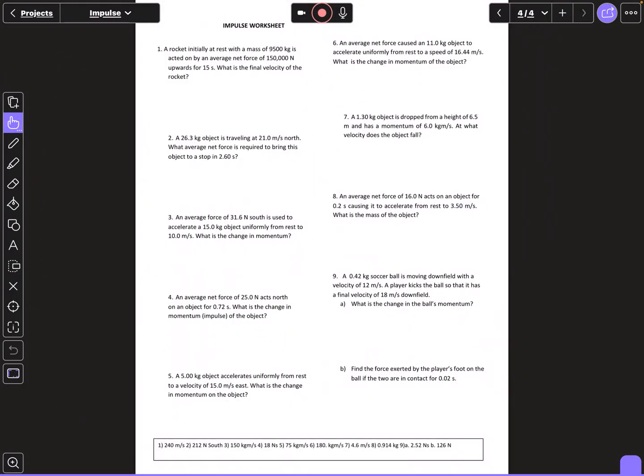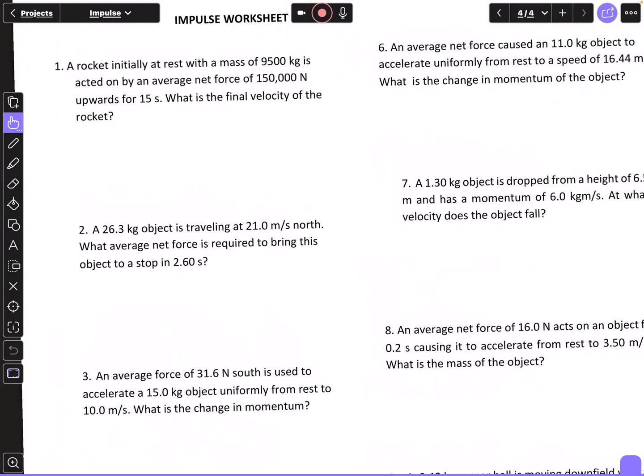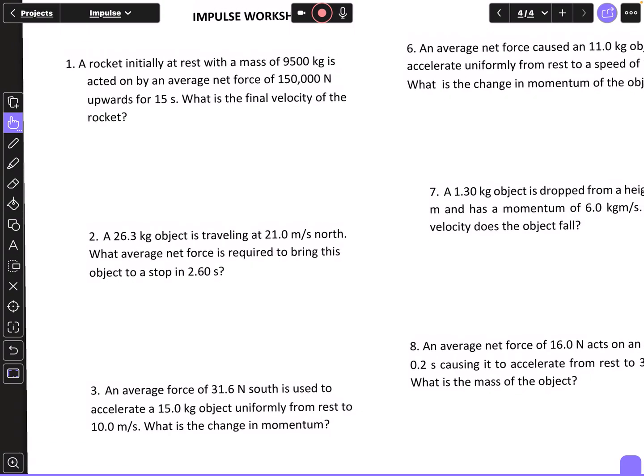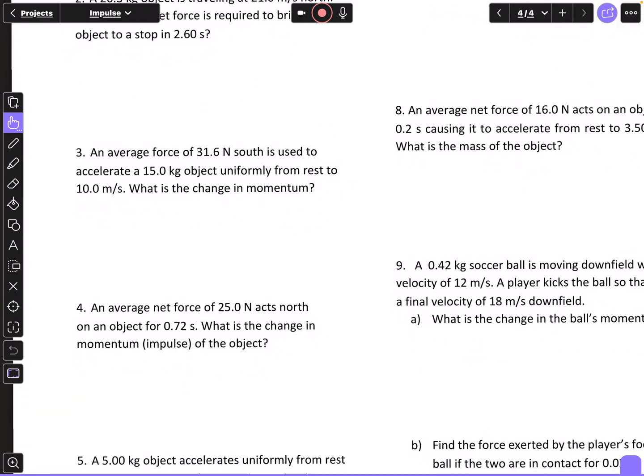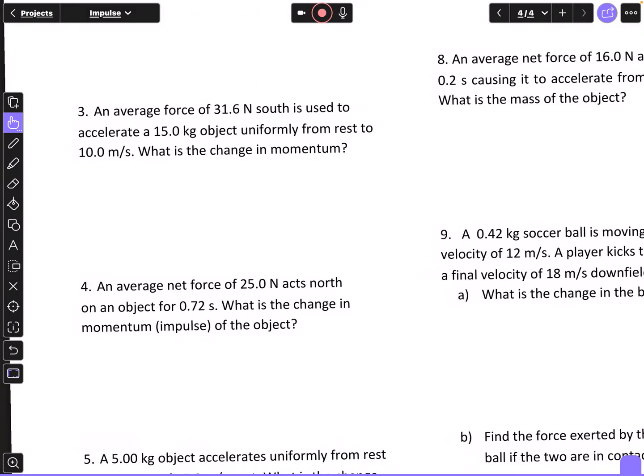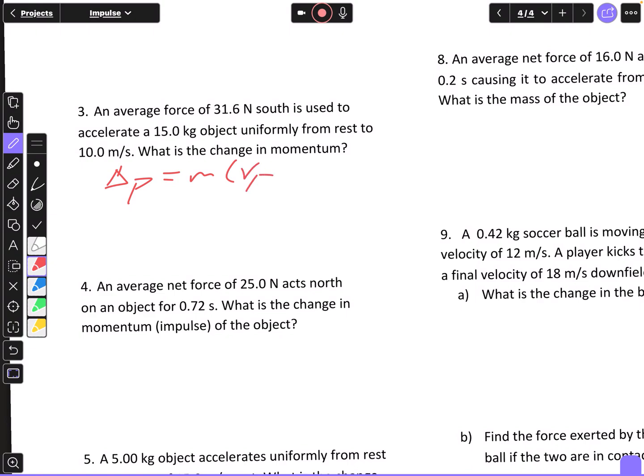Now what you should work on is this worksheet right here. And remember in the problems, like number 1, if it tells you something is at rest, it's telling you initial velocity is 0. If something comes to a stop, final velocity is 0. If it asks you for the change in momentum, from yesterday's lesson, change in momentum is m vf minus vi.